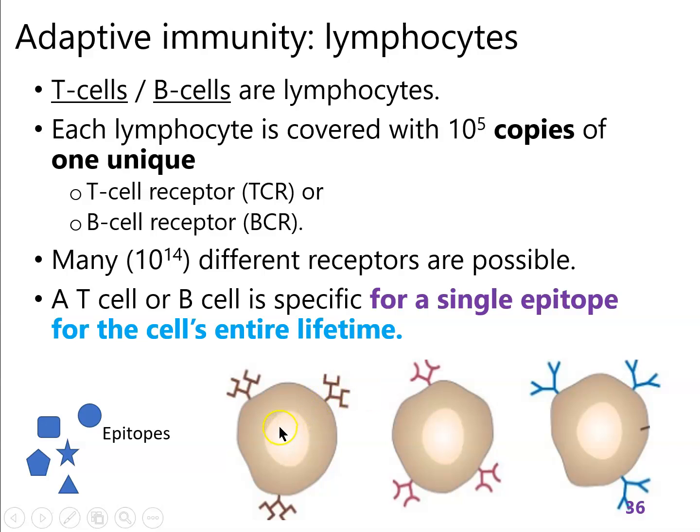And what the artist is trying to show is that this one has a set of many copies of one B cell receptor, and it doesn't share that with either of these two. These have their own unique B cell receptor, many copies of it, but they're unique.